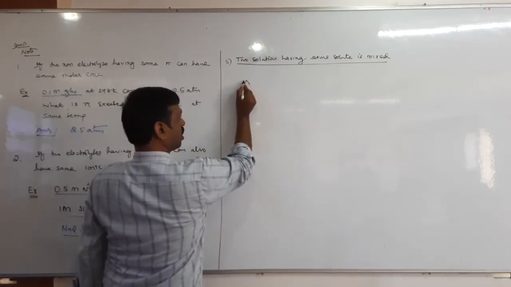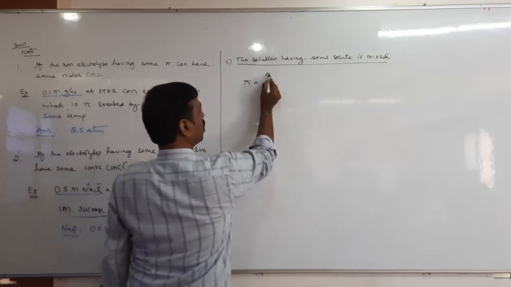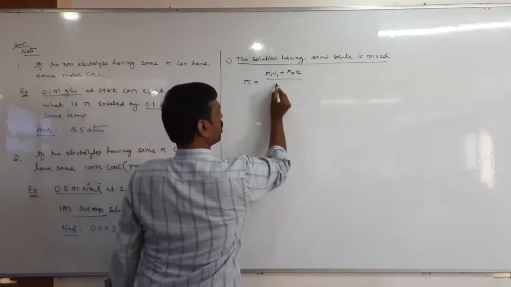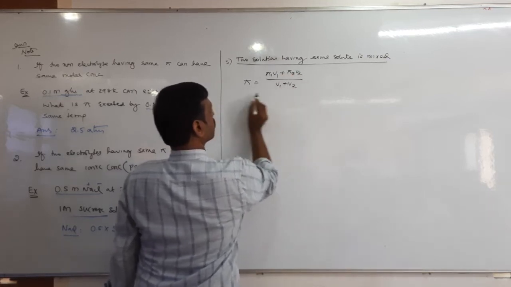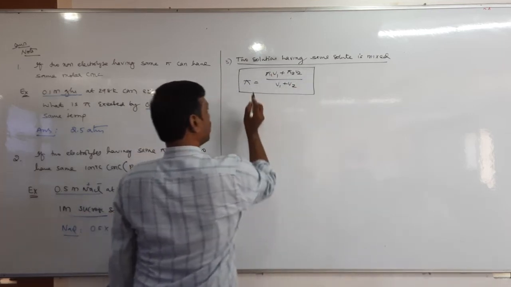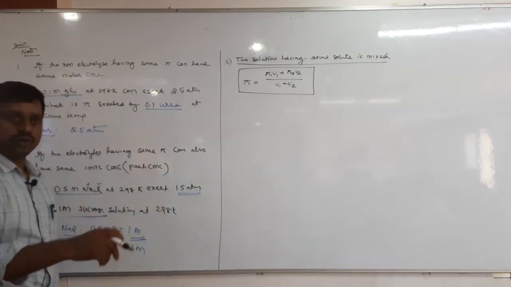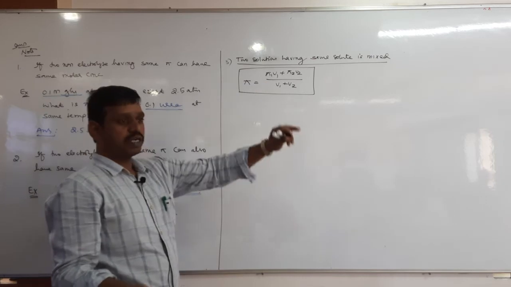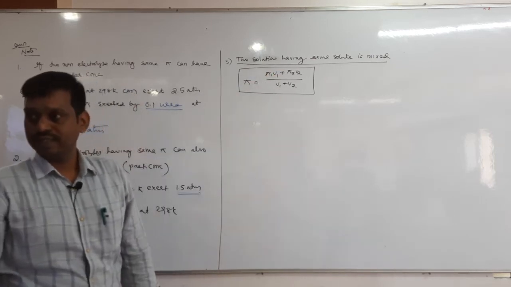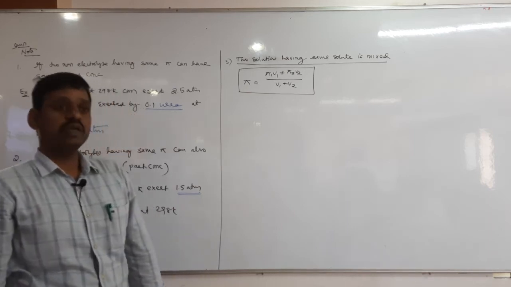If the two solutions have the same solute, you can take pi equal to pi 1 V1 plus pi 2 V2 by V1 plus V2, where pi is the resultant osmotic pressure, pi 1 and pi 2 are individual solution osmotic pressures, V1, V2 are their volumes, and V1 plus V2 is the total volume. This is a simple formula when two solutions have the same solute.